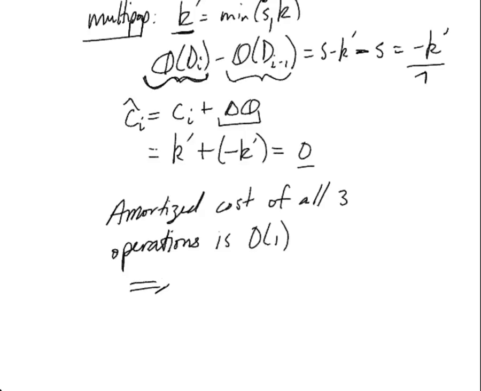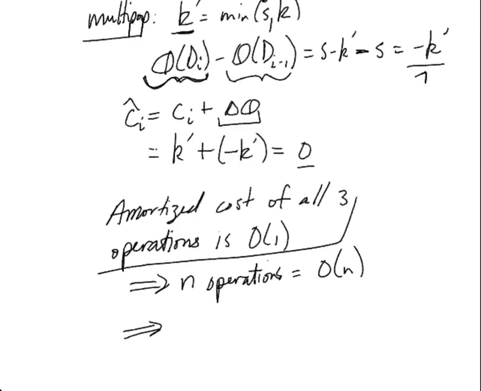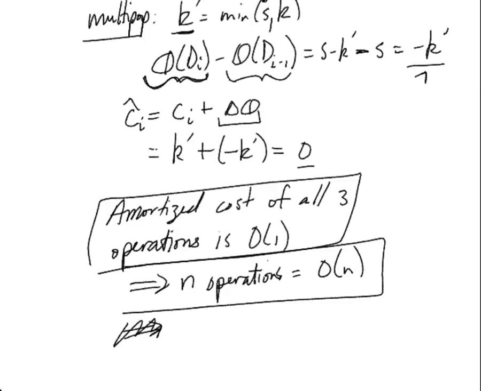Therefore, n operations is going to cost linear time. Therefore, we have the amortized cost here, which is constant, and over n operations it's going to be linear. That is the potential method.